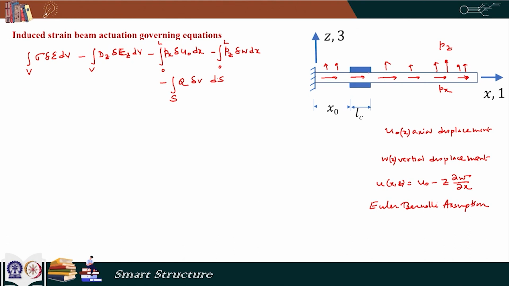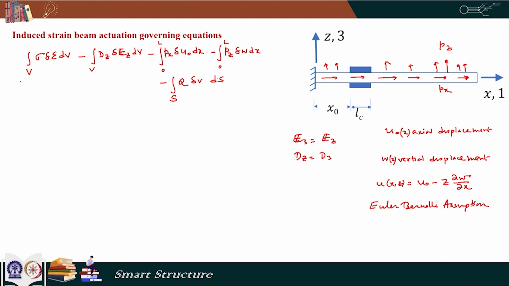And in the piezos the electric field is in the third direction, the z direction. So, E3, that is Ez because z is the 3 direction, and similarly Dz is equal to D3.